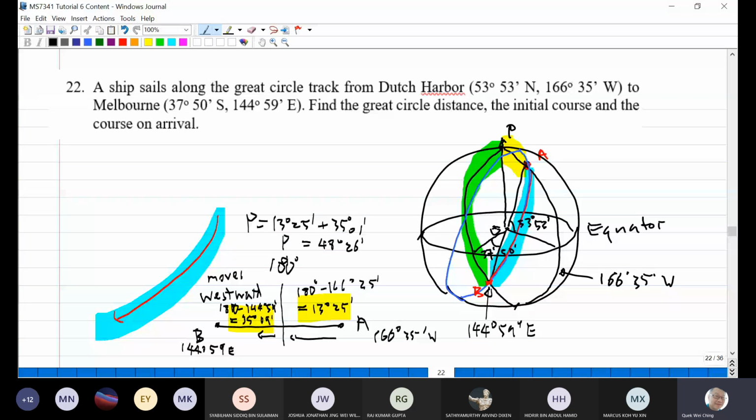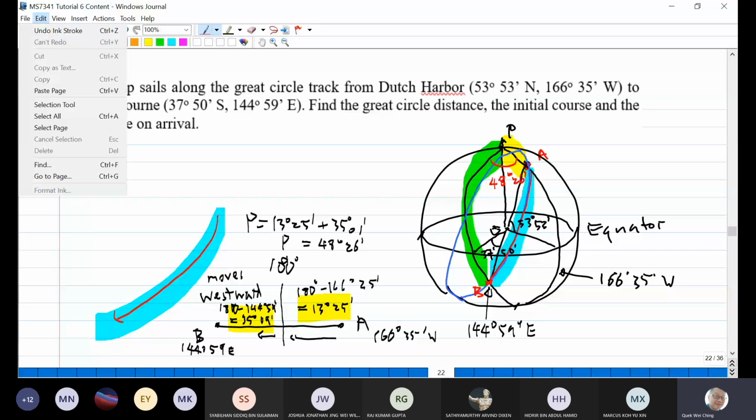Okay, so this angle P, when you draw it, this angle P here is 48 degree, 26 minutes. And I WhatsApp this to you.